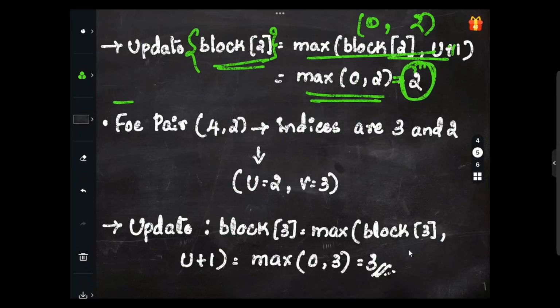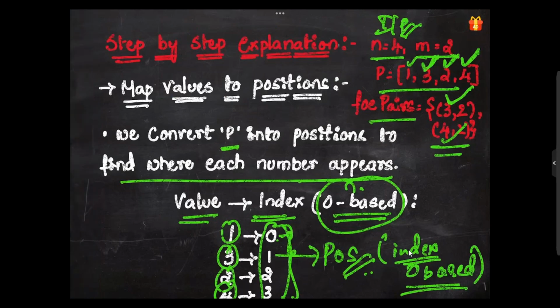Next we will be doing the same thing for the next pair. We have two pairs here. You can see in the input we have two pairs. One is 3 comma 2 and another one is 4 comma 2.